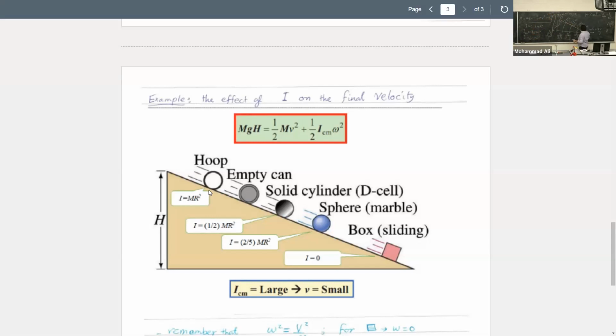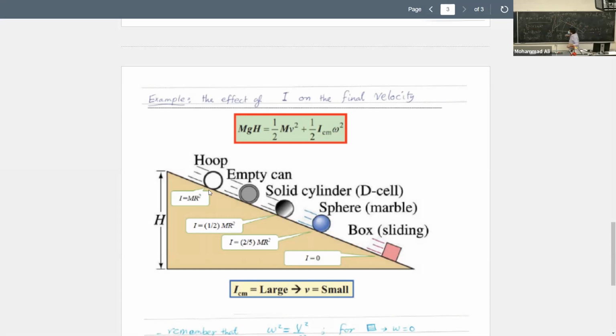For the block, how much is this number? If I need to compute the moment of inertia for a block, how much? This number will be 0. So this total will be 0, the total kinetic energy rotationally for the block. So you can see this experiment online, and you can see that each object has its own velocity.